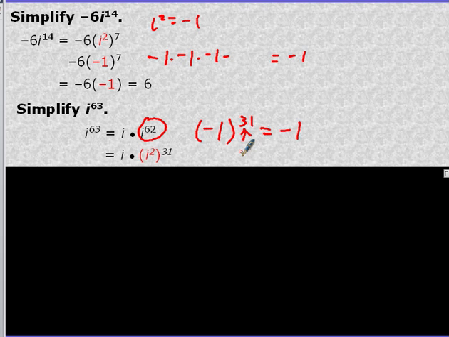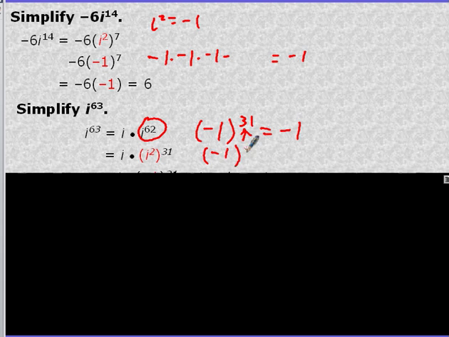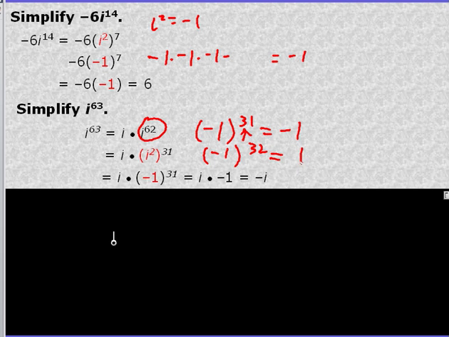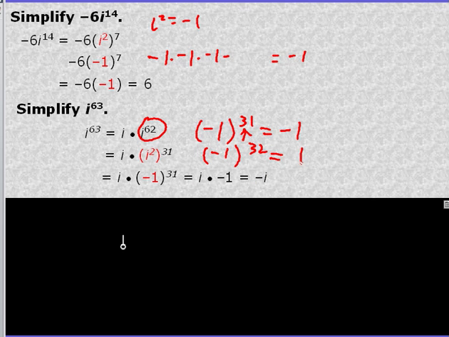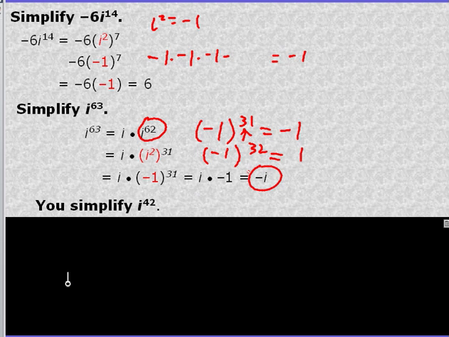If this were an even number, such as negative 1 to the 32nd, it's going to end up being a positive 1. So we have i times negative 1 to the 31st, which is i times negative 1, which is just negative i. All right, so you simplified this.